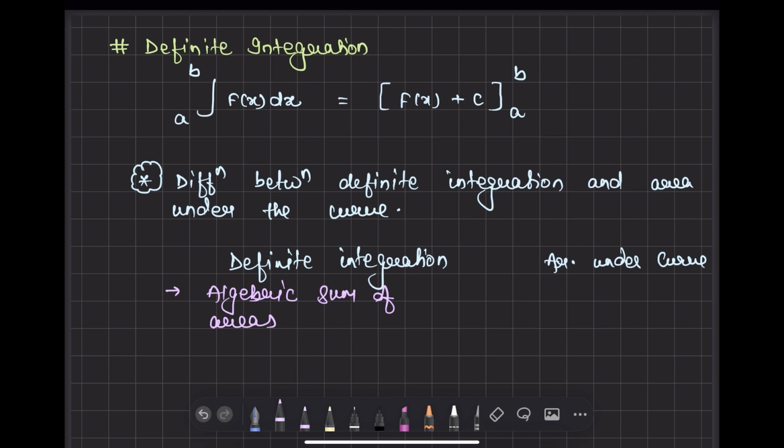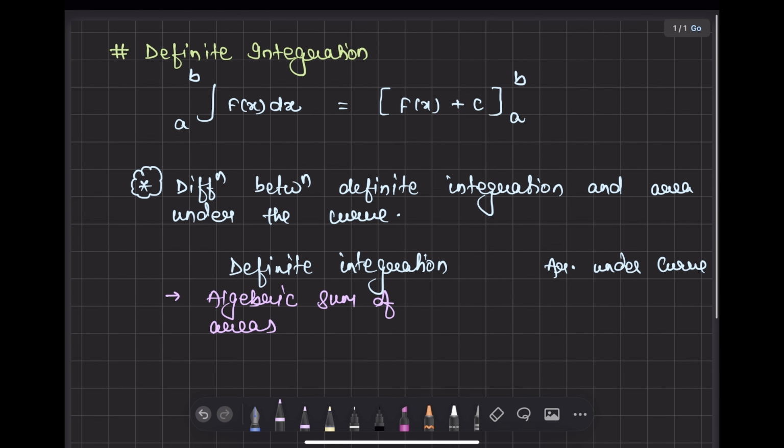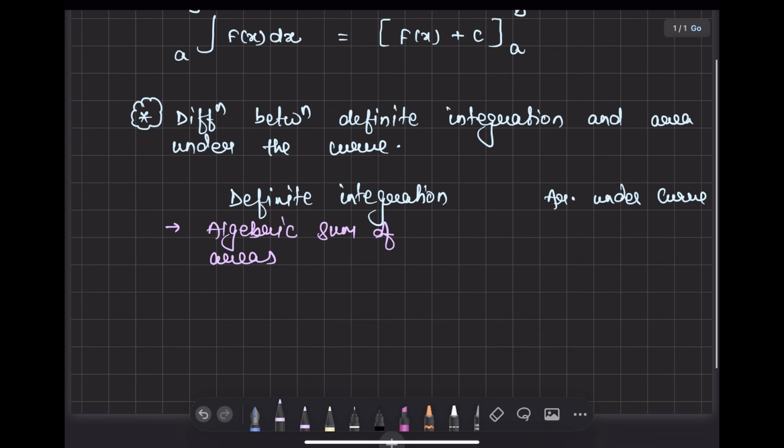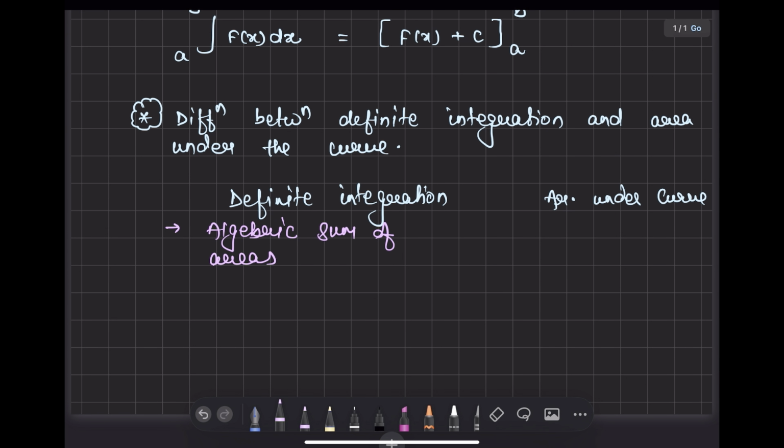Algebraic sum means suppose that you will be solving some definite integration. You may get a positive number or a negative number.